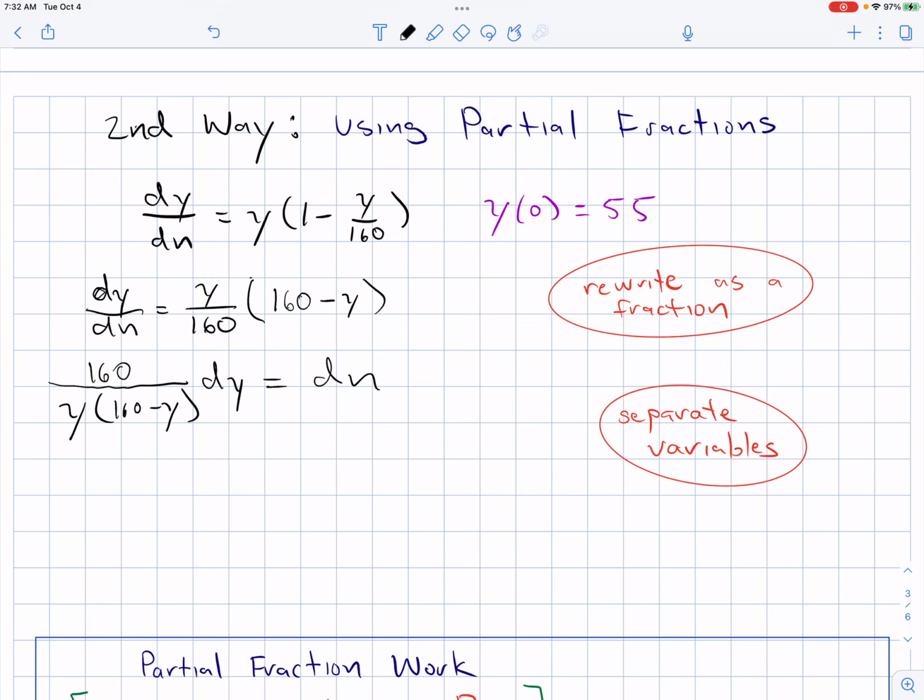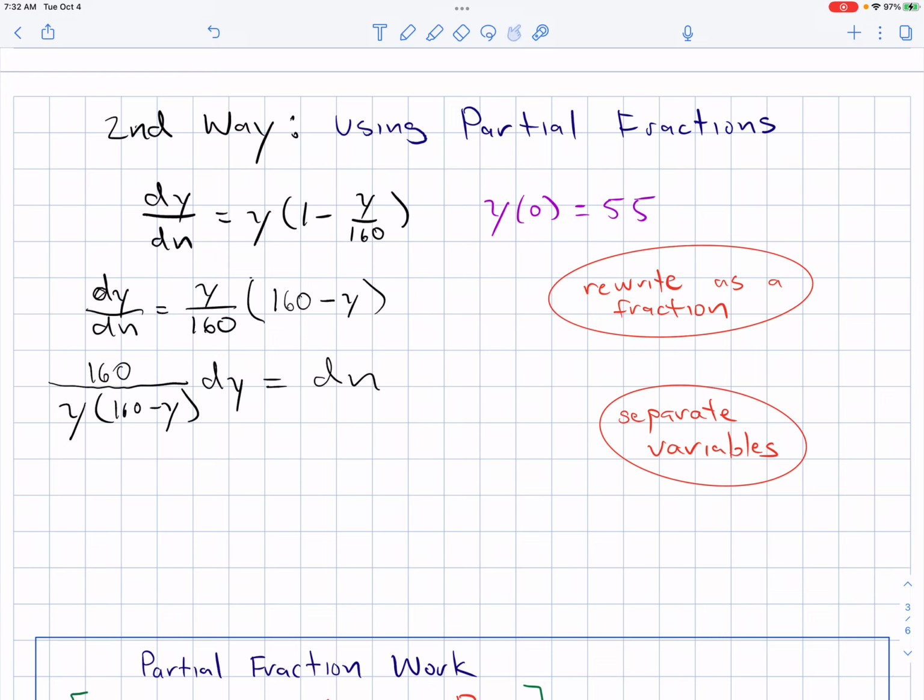So we have separated the variables right over here, and this is where we realize on this side we have a fraction, and if we tried to integrate now it'd be a problem because we don't really have a good way to do that just by itself other than partial fractions.